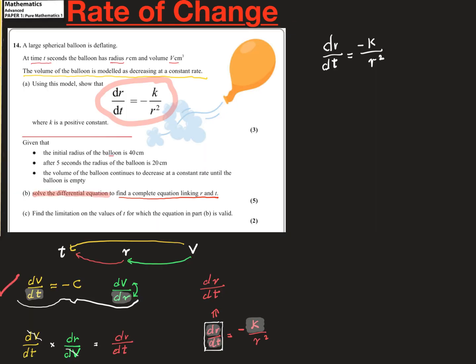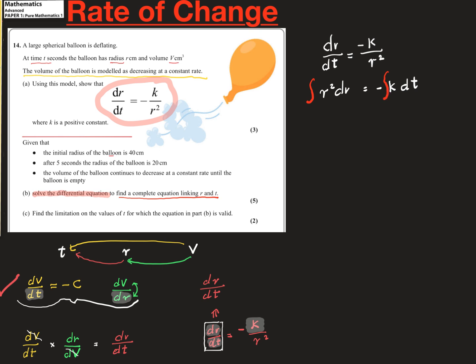If I cross multiply this equation, I will get r squared dr, which is equal to minus k dt. So I've moved the differential of the radius together with the radius squared. Now it's easy to integrate this and this as well.